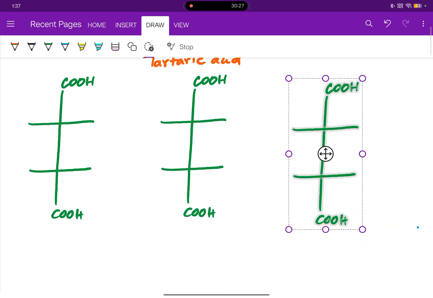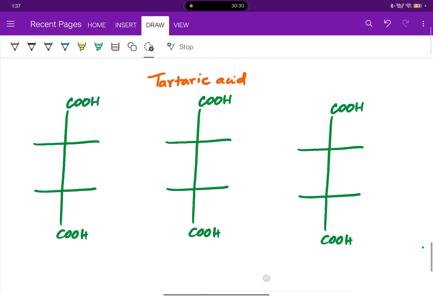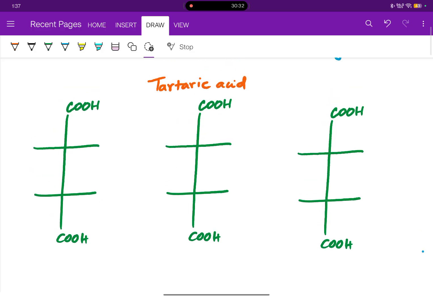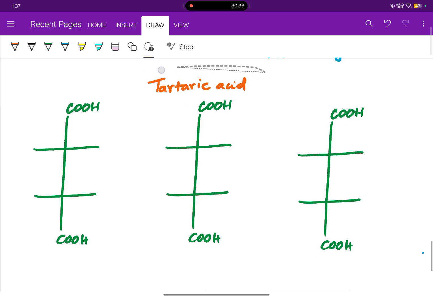So I'm taking 3 sets of tartaric acid. I'll give you the IUPAC name later, okay? Okay, sir.